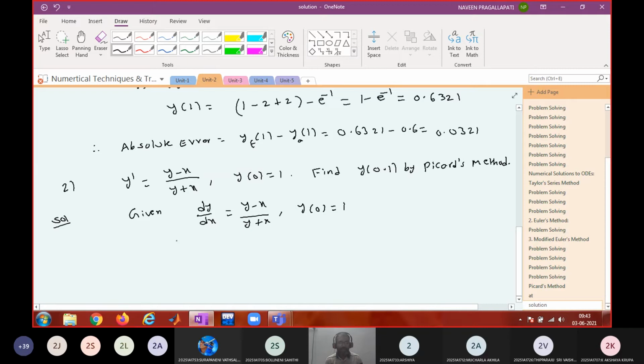Okay. So here f of x comma y is y minus x by y plus x, with x naught equal to 0, y naught equal to 1. Define phi naught of x.